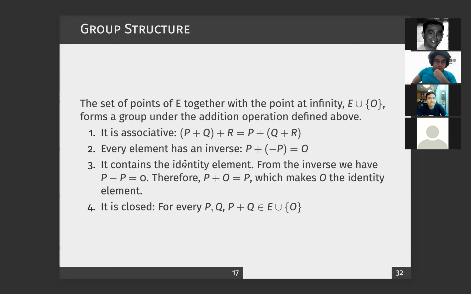And also the group theory was also the mathematics that was used by Évariste Galois to prove that, what did he prove?